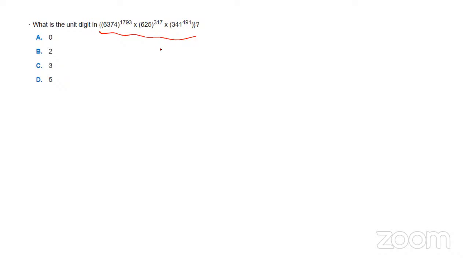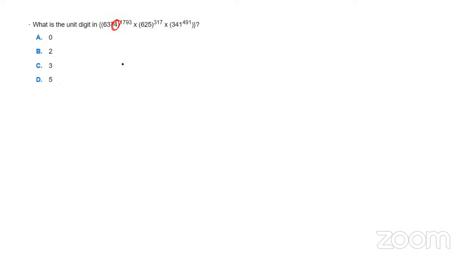Okay, let's analyze step by step. So you have 341 raised to 491. What would be the unit digit here? For finding the unit digit, you just need to focus only on the unit digit of these numbers, right? You just need to focus on 4.